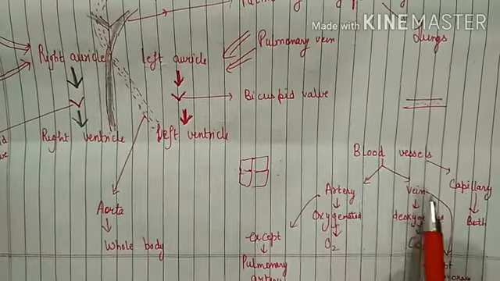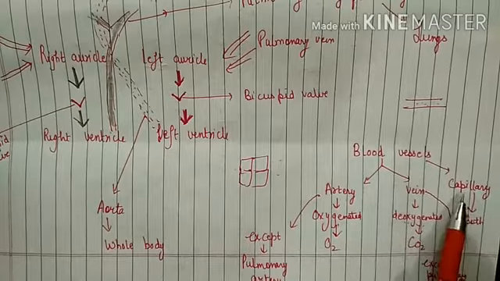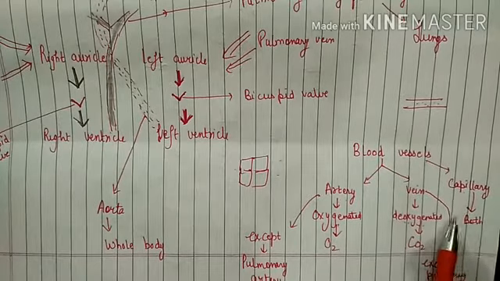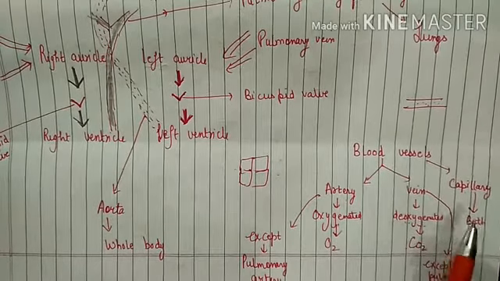Oxygenated blood means blood in which oxygen is present. Then veins carry deoxygenated blood, meaning the blood in which oxygen is absent and carbon dioxide is present. And capillaries carry both types of blood.